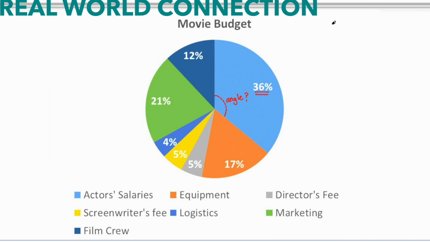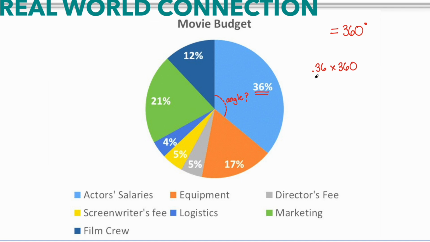Don't forget, the number of degrees in a circle is always 360 degrees, always. So if I want to know the angle measure of this arc or this angle right here, I am looking for 36% of 360.